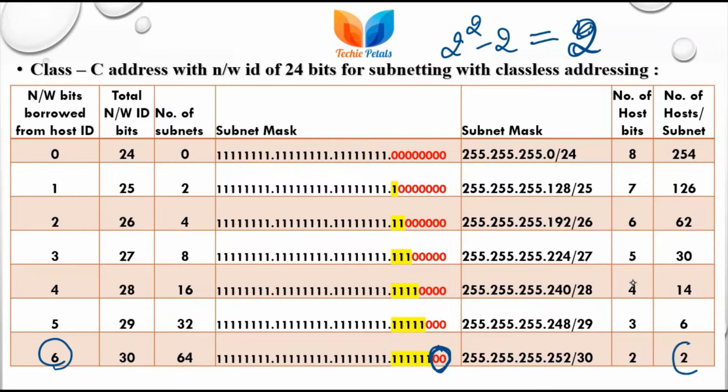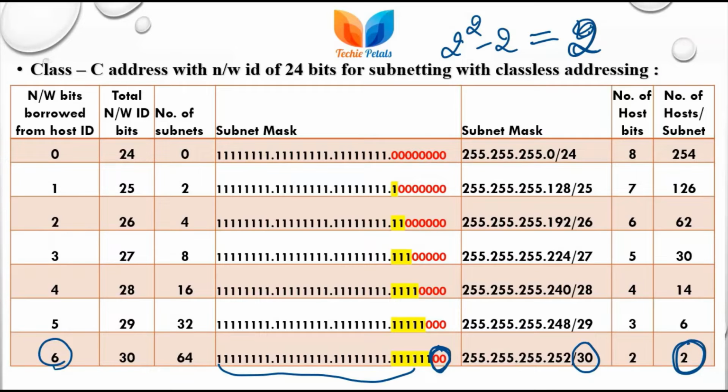So we can have only 2 hosts for this category if we are using 6 bits for network ID, and the subnet mask will be 252 for the last octet, and total network bits are 24 plus 6, 30. Right? So this was all about the introduction to subnetting an IP address, classful and classless.